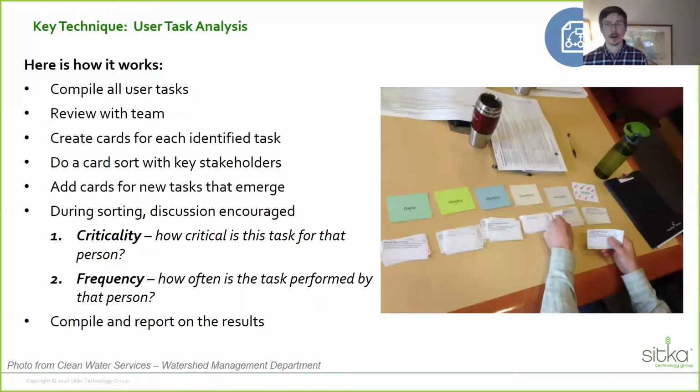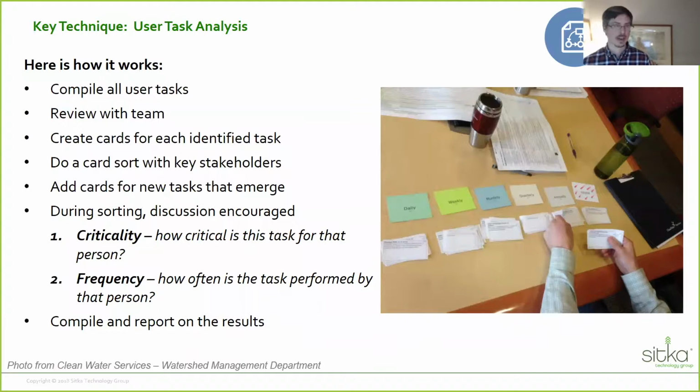And then it helps us prioritize which ones are most important to think about automating in systems. So the process here is compile all the user tasks together from your interviews that you've completed previously. Set up your team who's going to review these. Ideally, the key folks that you interviewed would be part of this process. And you would review all the tasks with them to make sure they understand.